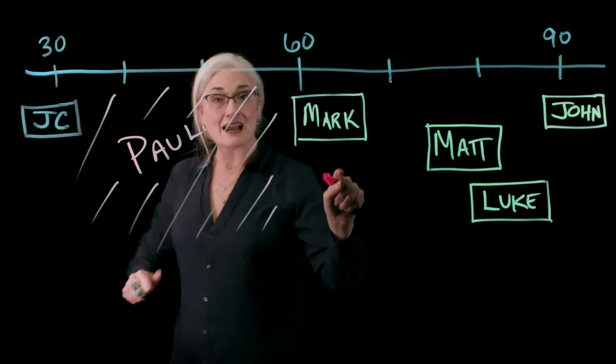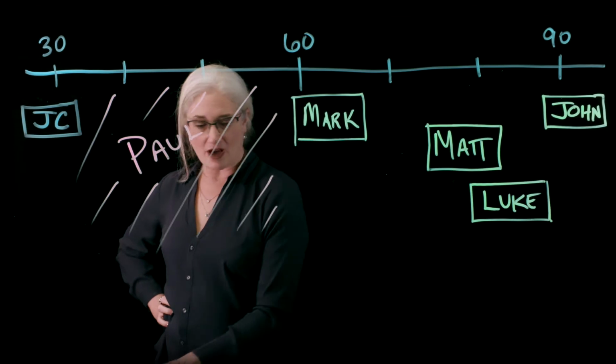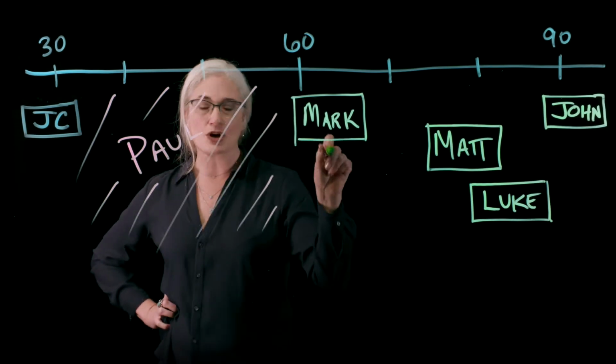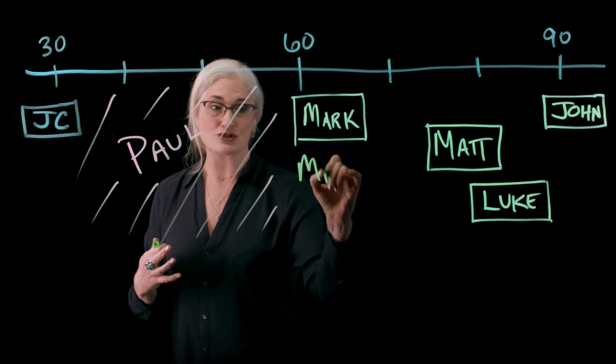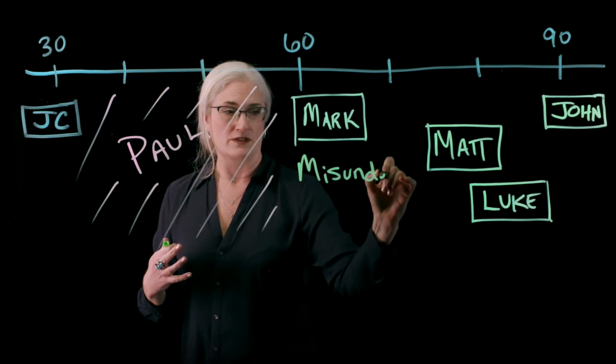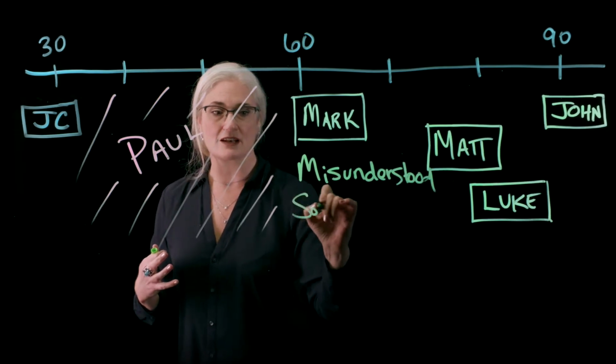So by the time we get to the very first gospel that's being written, what we saw being described in Mark's essence of Jesus is that Jesus was somewhat of a misunderstood Son of God.